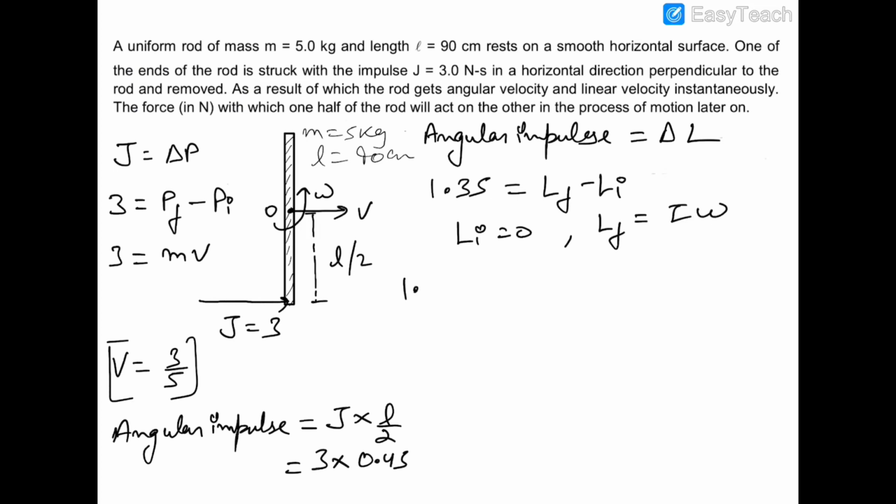So 1.35, which is also 45 into 3. So let us write it as 0.45 into 3, and L final is mL square by 12. Now the m of the rod is 5, its L is 0.9, so this is 0.9 whole square by 12, mL square by 12, and omega is its angular velocity.